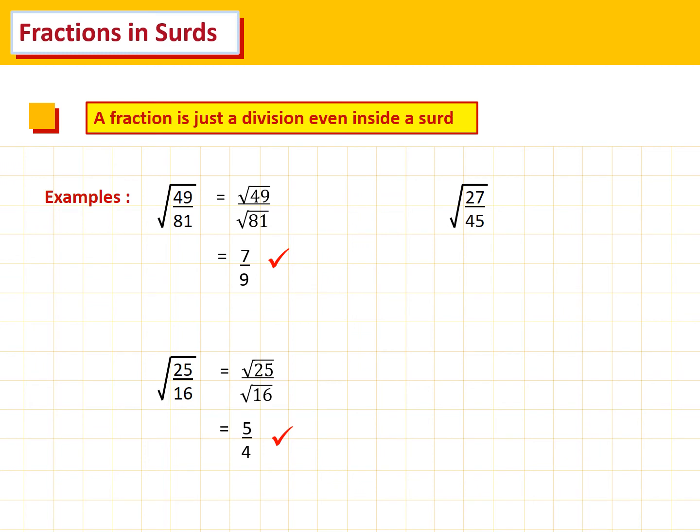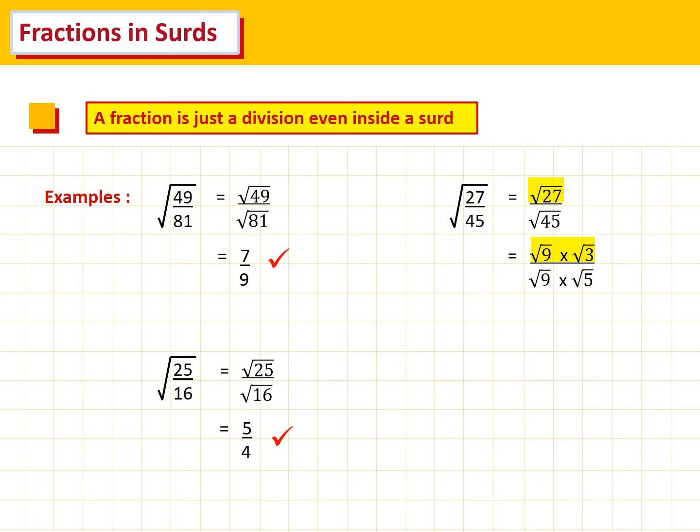Similarly, apply the square root to the numerator and the denominator. Now this time those two numbers aren't nice square numbers, so it looks like we've come to a halt there, but we haven't, because we can simplify both these square roots. We can rewrite the square root of 27 as the square root of 9 times the square root of 3, and we can rewrite the square root of 45 as the square root of 9 times the square root of 5.